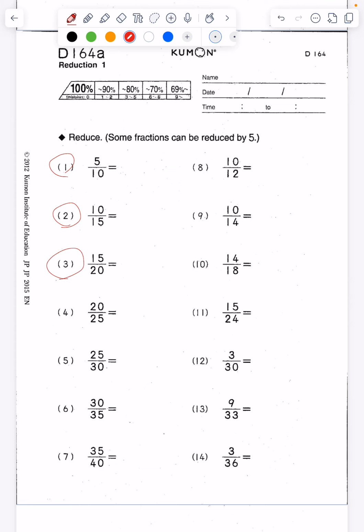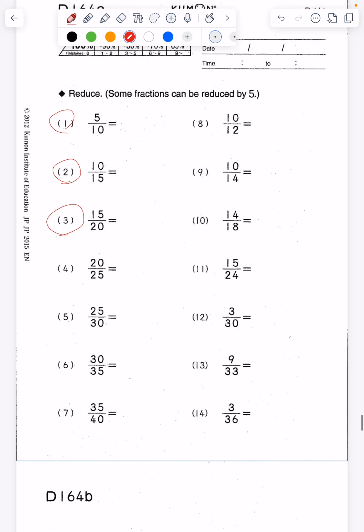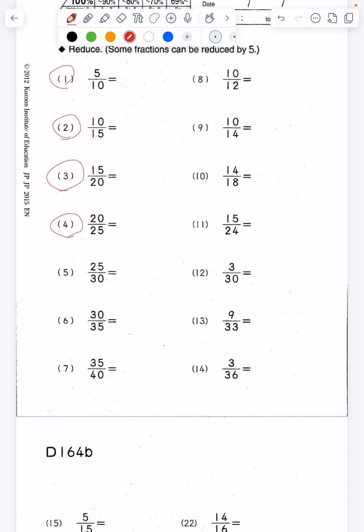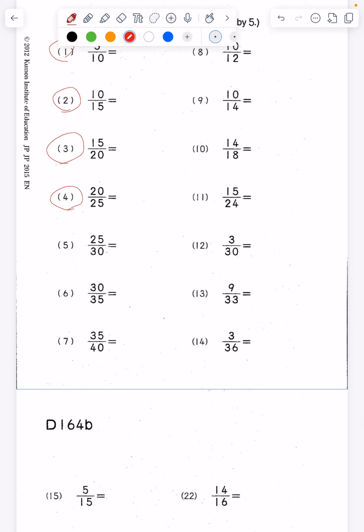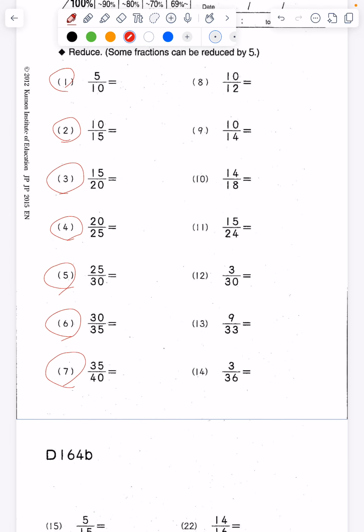Number 3 can be divided by 5 as well. Is number 4? Yes, why not? And 6. What about number 5? Yeah, that's very obvious, right? Number 7? Yes. All of them on the left side can be reduced by 5, right? What about the right side?